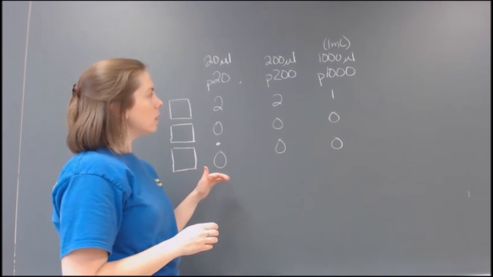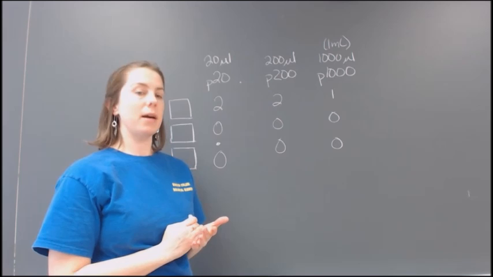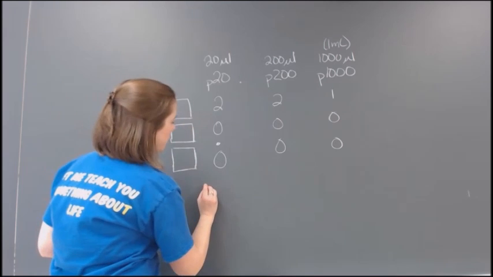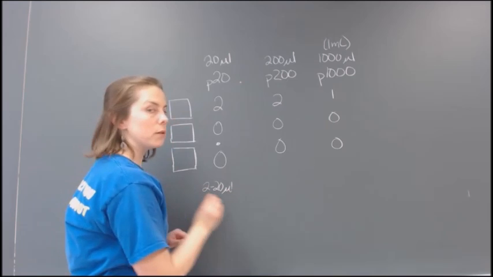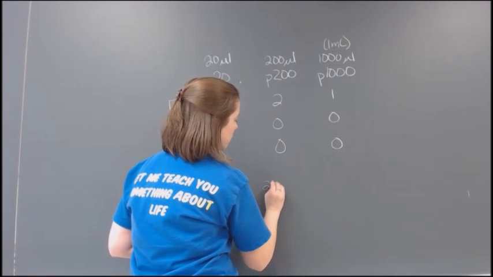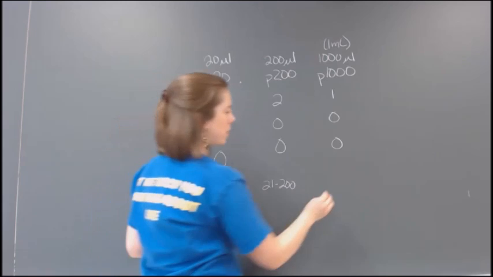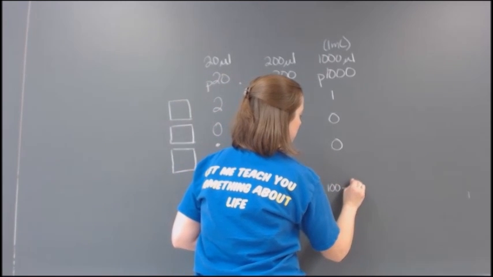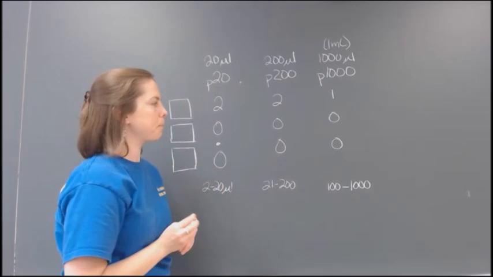Each pipetter can measure a volume down to about 1/10 of its maximum. So a P20 you'll use to measure 2 to 20 microliters, a P200 you'll use to measure 20 to 200 microliters, and a P1000 you can use to measure 100 to 1000 microliters. Okay?